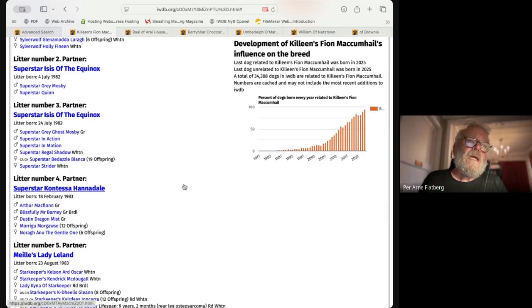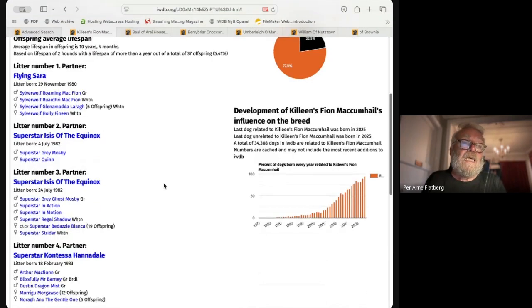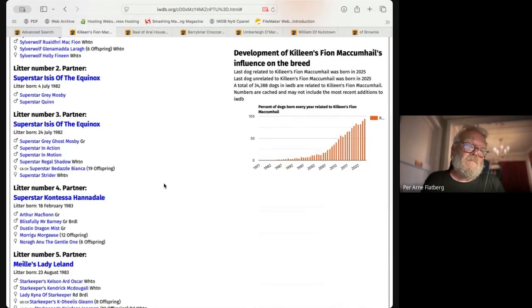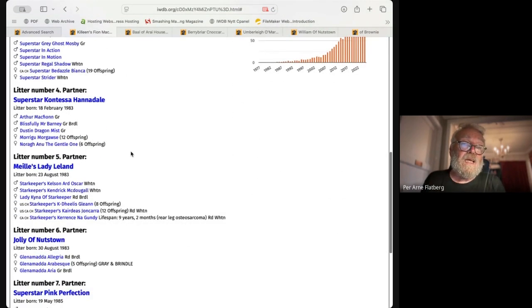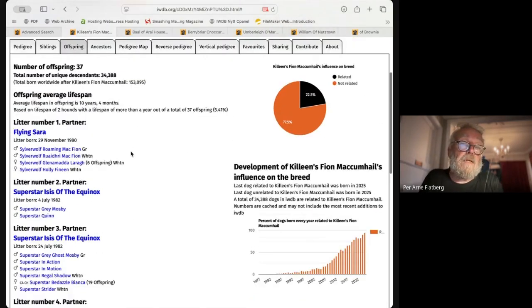It's really not because of bad breeding practices or anything like that. It's just that some of his probably grandchildren became quite popular, or great-grandchildren, I don't know, and were used quite a bit. Does that make sense? I hope so.